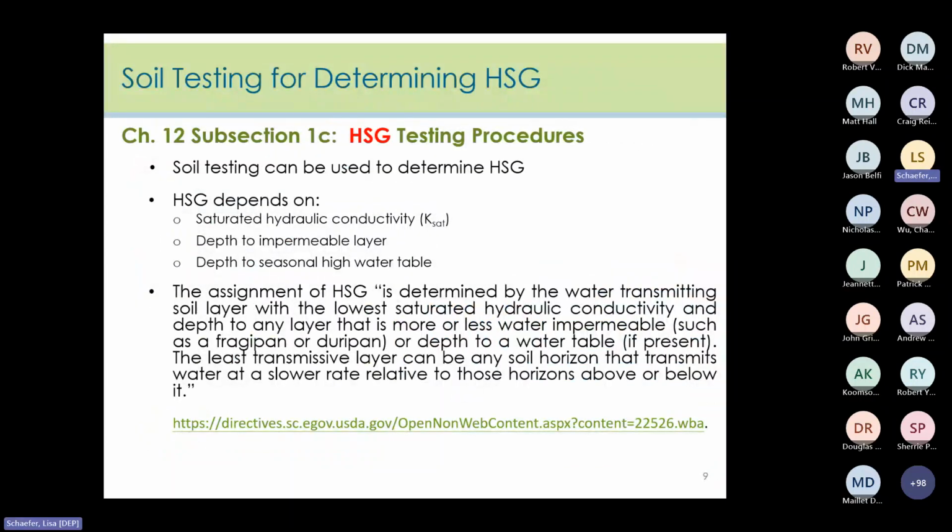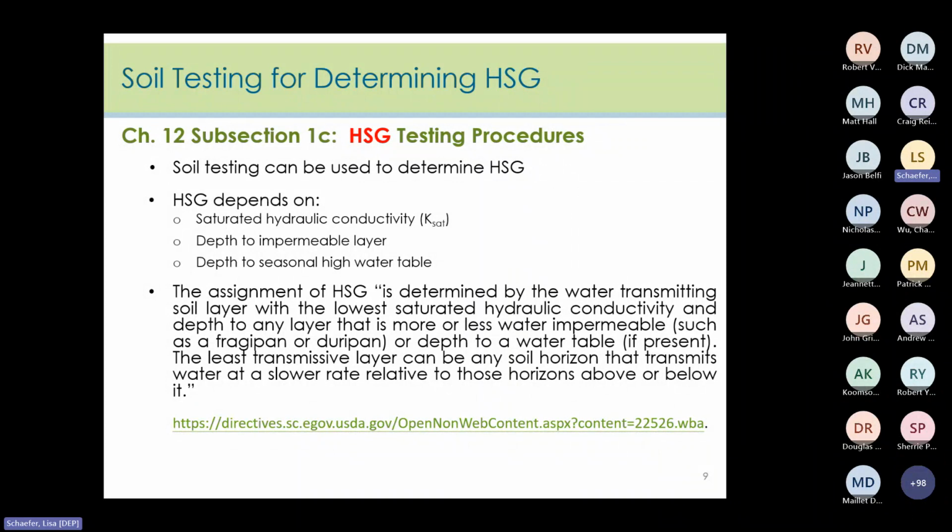If you don't want to use the default HSG values, soil testing must be used. The third bullet on this page, the solid bullet, is a quote from Chapter 7 of the NRCS National Engineering Handbook.